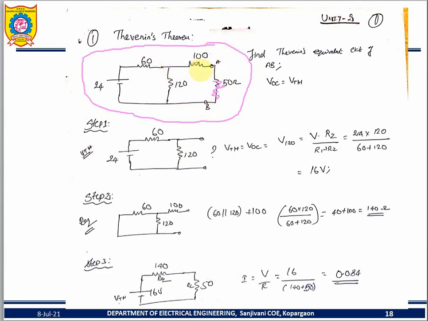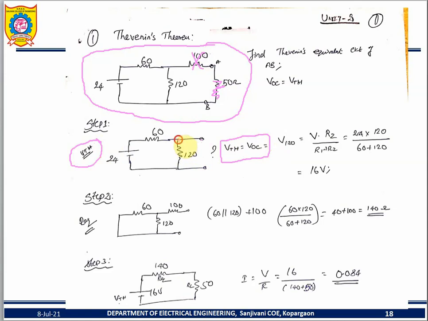The resistance is open, so leave it, no use; it's 0. The circuit coming like this is called an open circuit. So in step number 1, I remove the load and open the circuit across the load point. So VTH is equal to VOC.